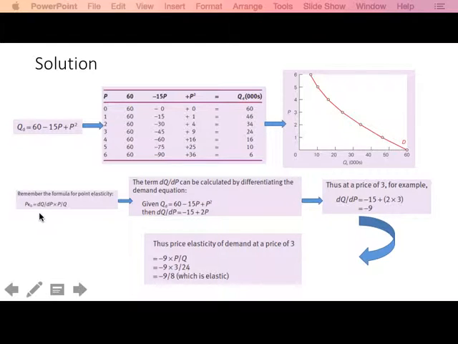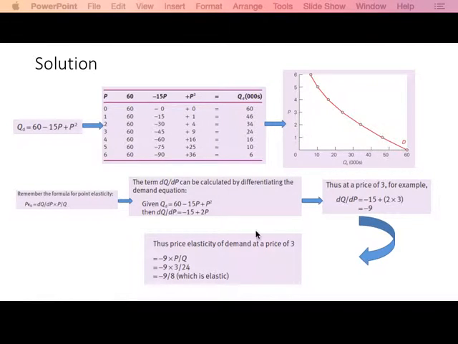We need to get a number for this one. Evaluate this at price 3, when the price is equal to 3. So we just plug in p equal to 3 into this formula. Remember that we are evaluating at price 3, quantity is 24. So plug that into here to get minus 9.